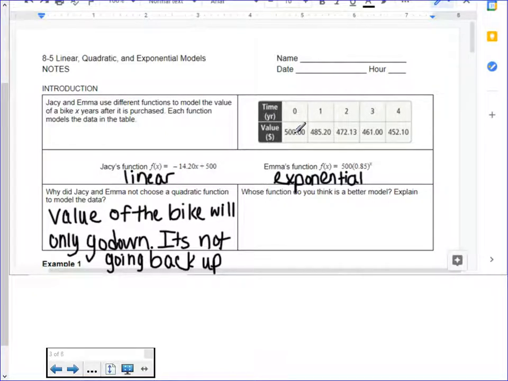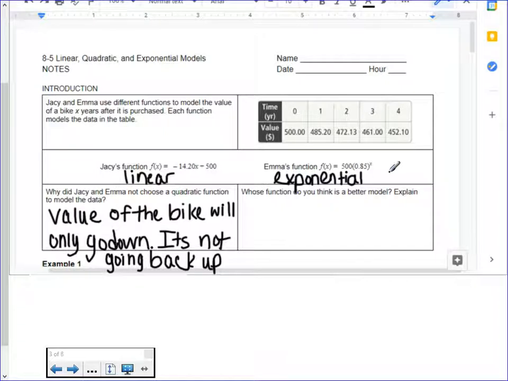So she got the right point for 0. If you plug in a 1, it'd be negative 14.2 plus 500, and that would give you the exact price that she got for 1 year. You plug in a 2, you're still getting the same prices, and you can check all of those. You're changing your x to whatever year you want. So for 3 years, you'd plug in a 3, and then you'd see what the price was.